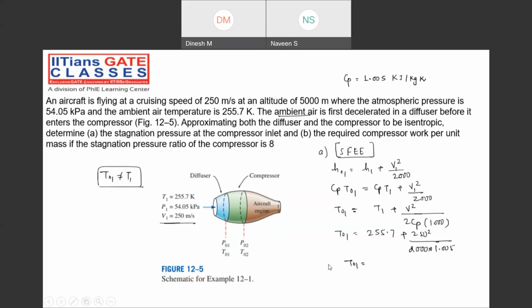From here, what is the T01 value? Tell me the answer.